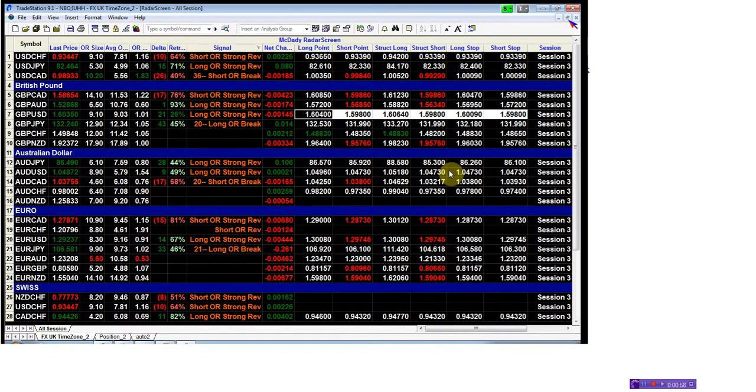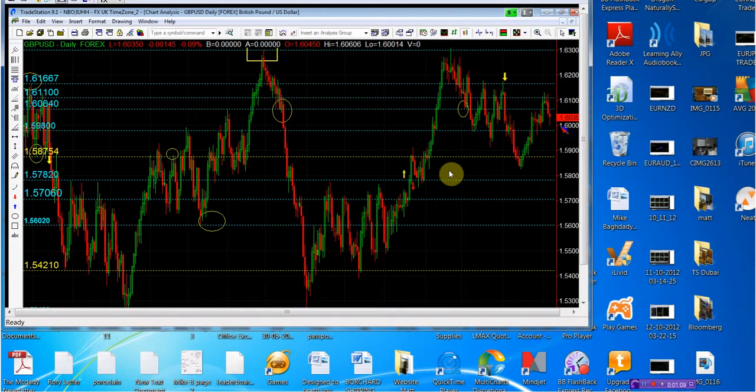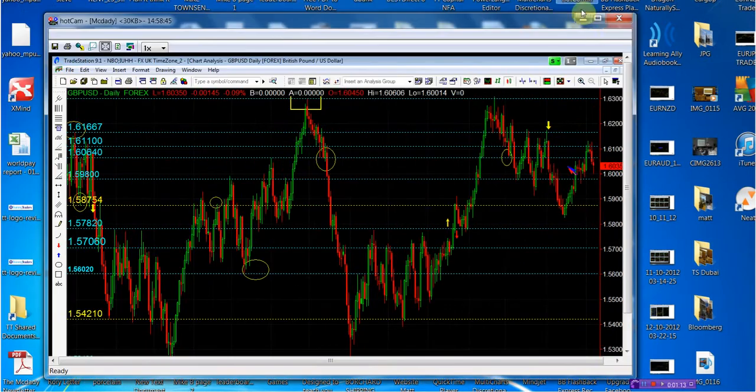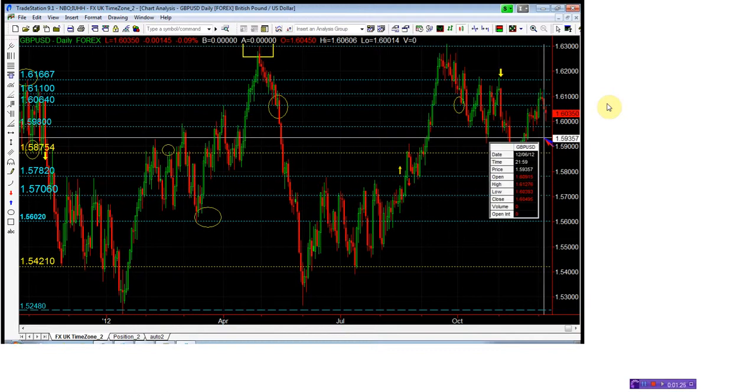So looking at our charts, you can see that we have come down for the last 3 days, and we closed the week at 160.35, and the previous daily low is 160.39.